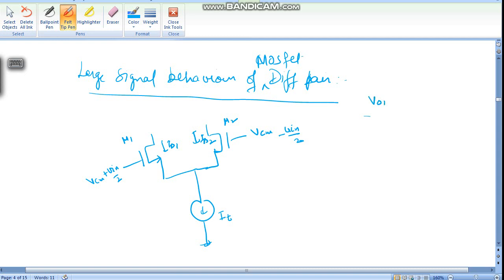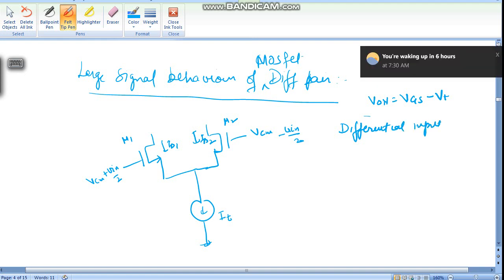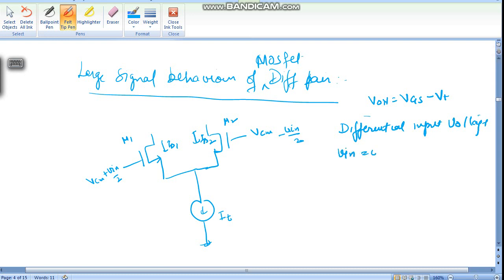So now say overdrive voltage V on is VGS minus VT. Now suppose differential input voltage V in is equal to 0. If this differential voltage is 0, then ID1 and ID2 both are equal and half of IT.